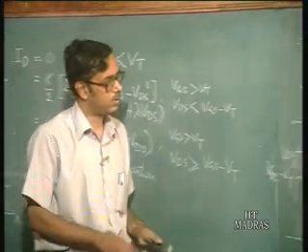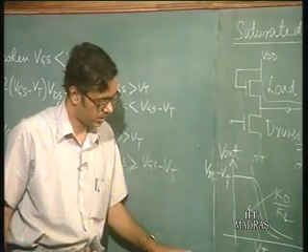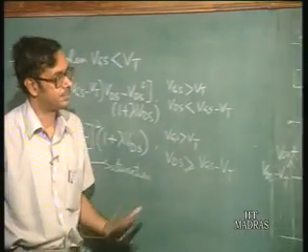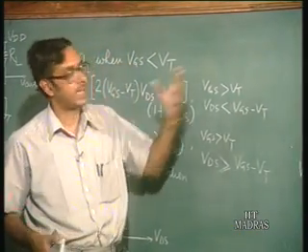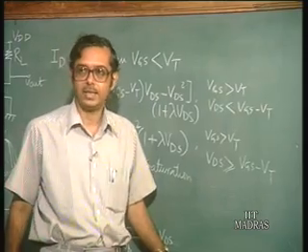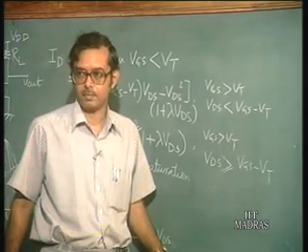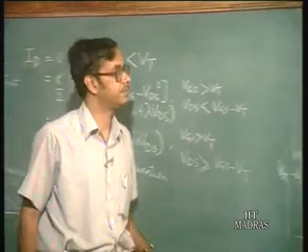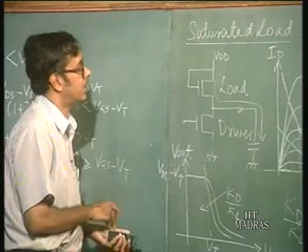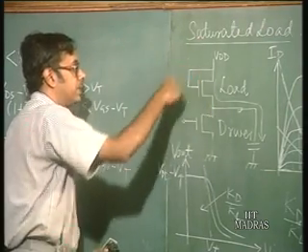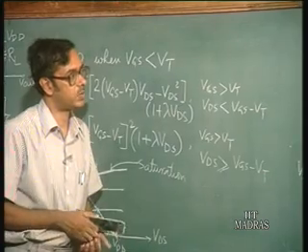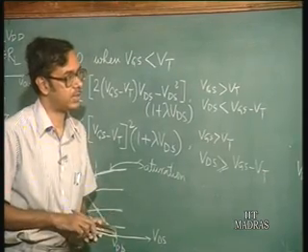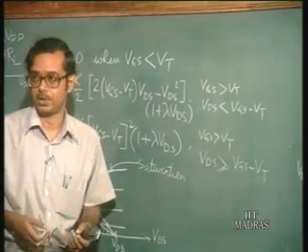problem. The next circuit which was contemplated or used was the one with not a saturated load but with a linear load. That is, you configure the load device in such a way that it is not in the saturation region but in the linear region of operation.